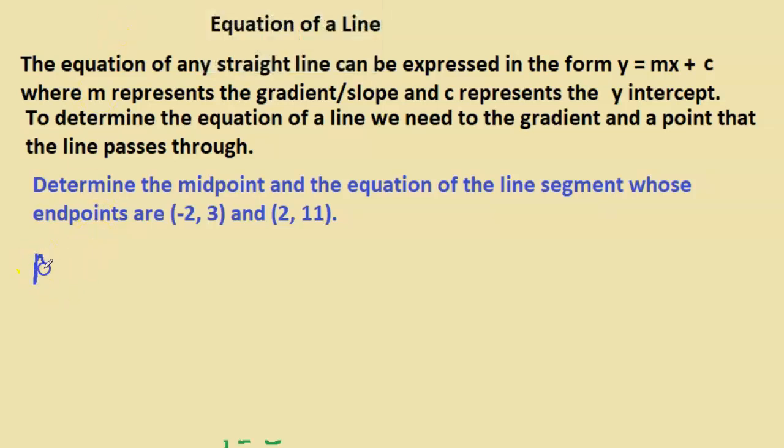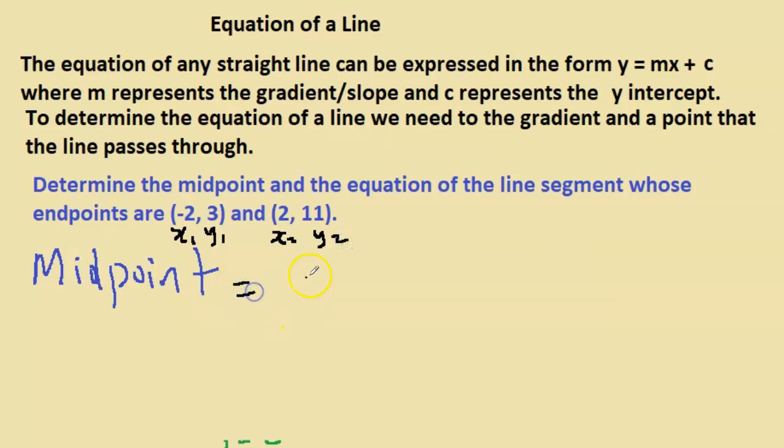Yes, midpoint. Just simply average the x values and average the y values, right? Before I continue, let me just give some labeling to these points. Let me call this x1. So this would be called y1. And let me call this x2. And hence I call this y2.